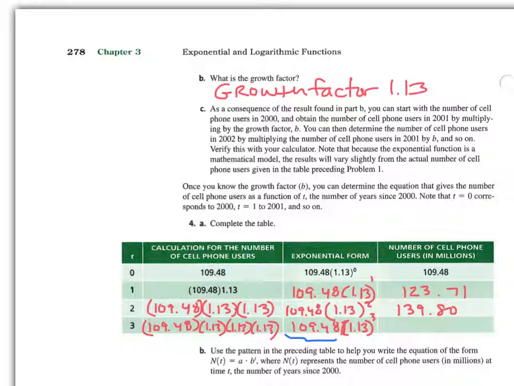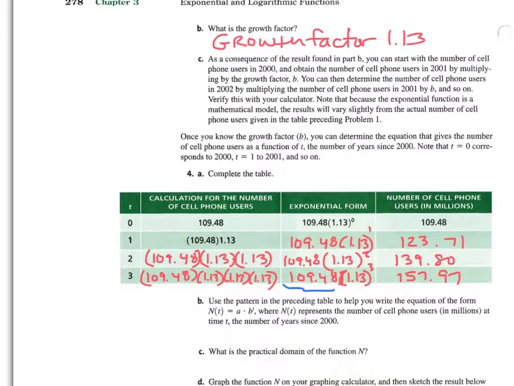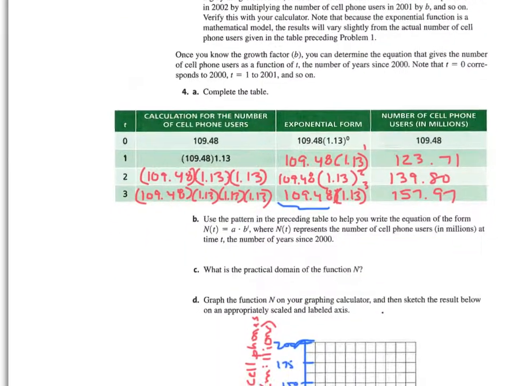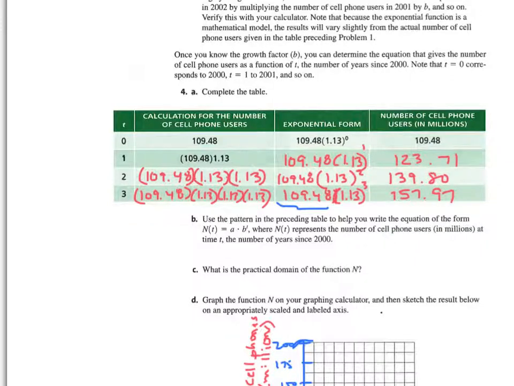Okay, we didn't have the initial one in the past couple of examples because the initial was actually 1, so we didn't really see it. And this comes out to be 157.97. So these are not going to be exact on what the table was in the page before, because remember that 1.13 was kind of an average of what it was doing every year. Okay, but now that we have that, we can write our equation and we can start to predict other values.